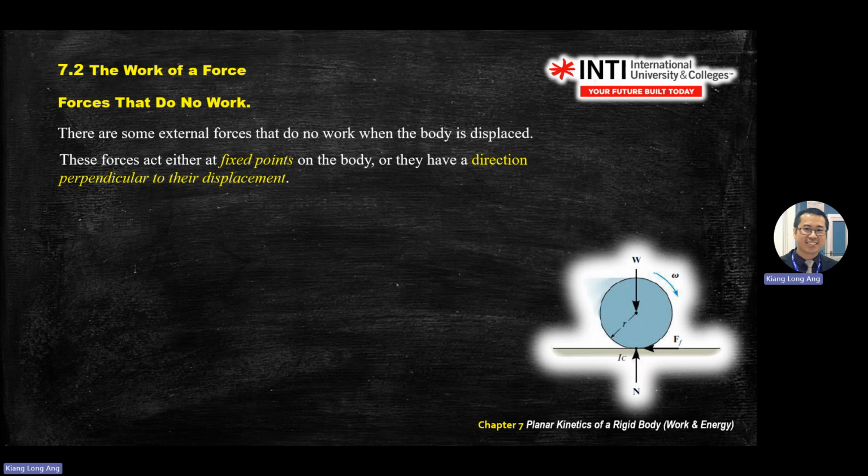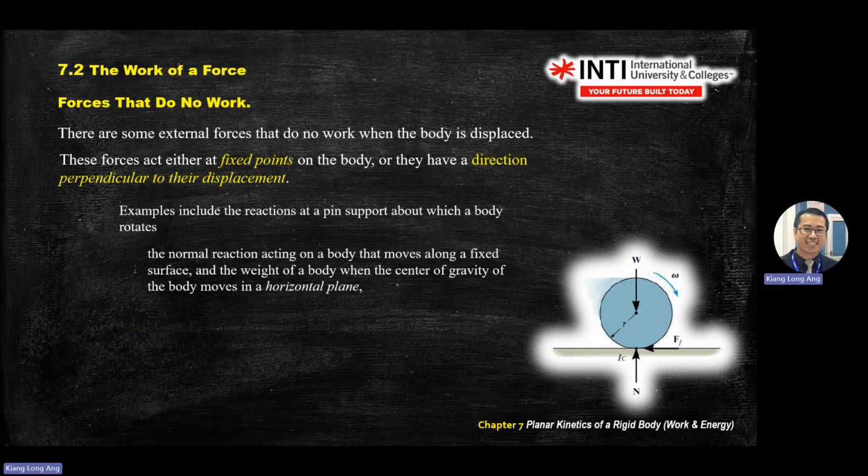No matter how this rotates, moving to the left or right, W is always pointing perpendicular to the distance. This object is moving to the left or right. In this one, omega is this way, so you rotate to the right. And what else? Normal also doesn't do work. Friction does work, and so on. So these I need to highlight here.